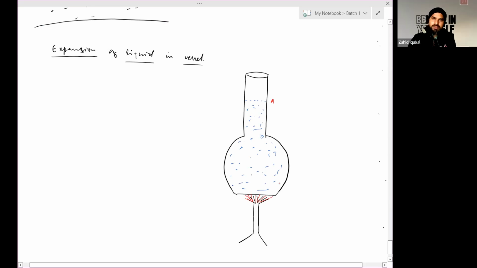Will it increase, decrease, or remain the same? There is no evaporation of liquid. We are calculating before that.